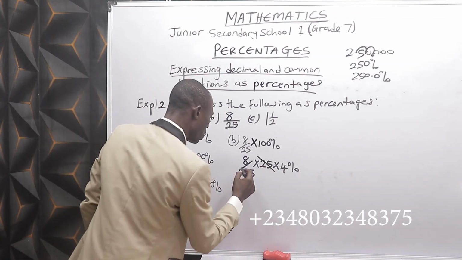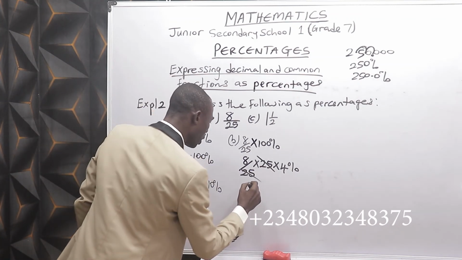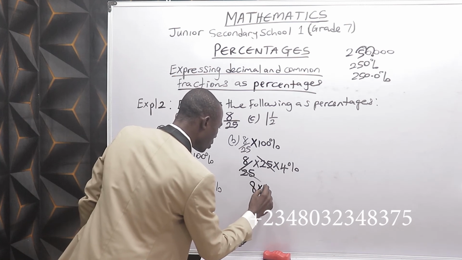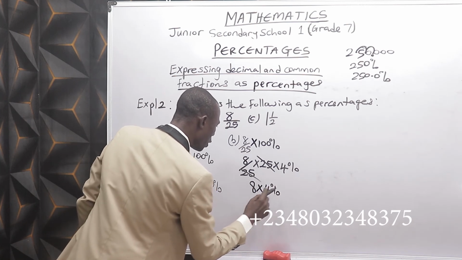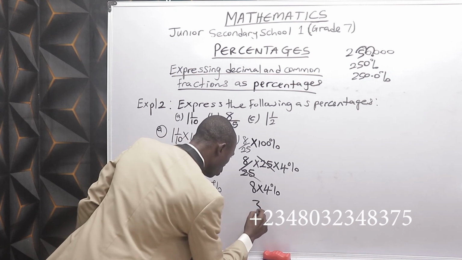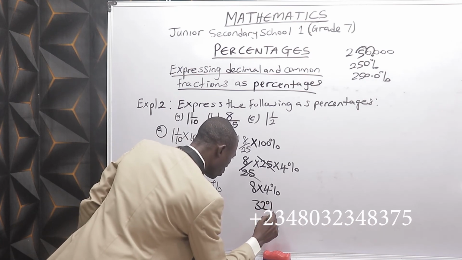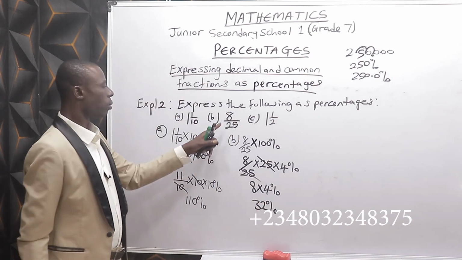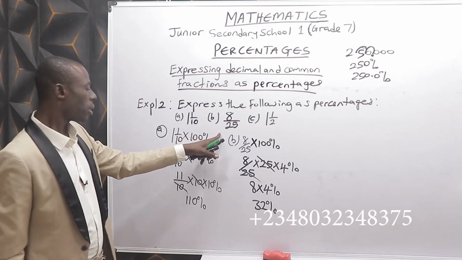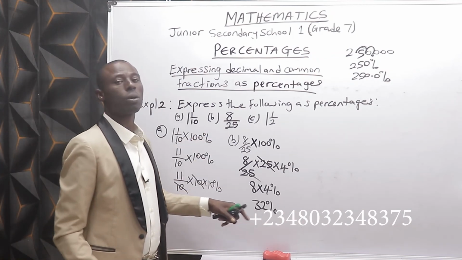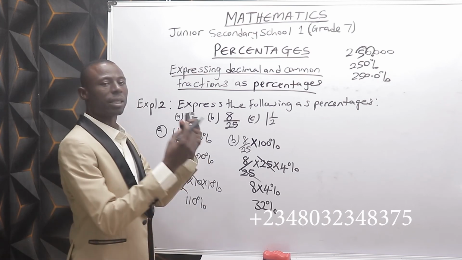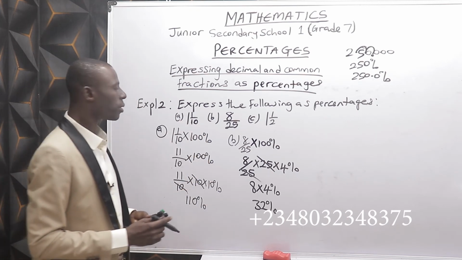So this 25 will take care of this 25. We now have 8 times 4%. 8 times 4 is 32. So put the percentage. So 8 over 25 is 32% when it is converted to percentage.